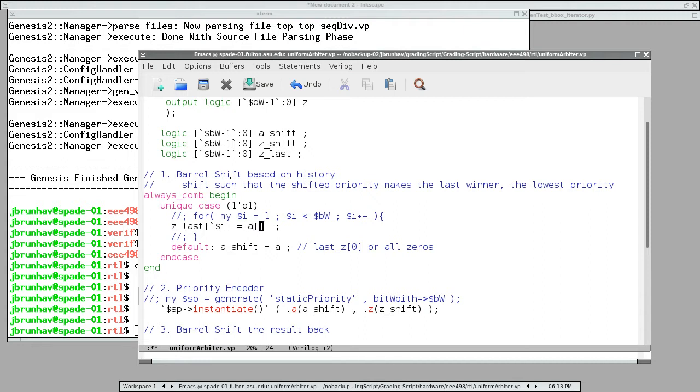So then what this would be is i minus 1 colon 0 concatenated with BW minus 1 to i. So what this is saying is concatenate these two chunks.